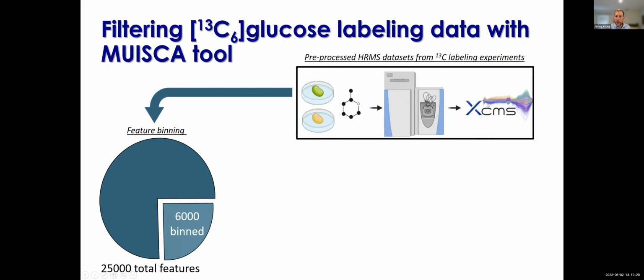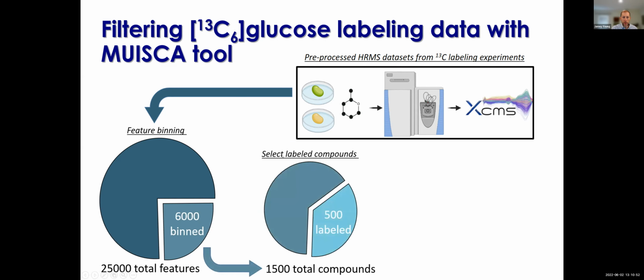So we pre-processed the data with XCMS, which produced about 25,000 total features. Muisca selected about a quarter of those features that could be binned together into an isotopolog series associated with a particular putative compound. And out of those total 6,000 features, they were binned together into about 1,500 total compound groups, out of which about a third of them were detected as being isotopically labeled.